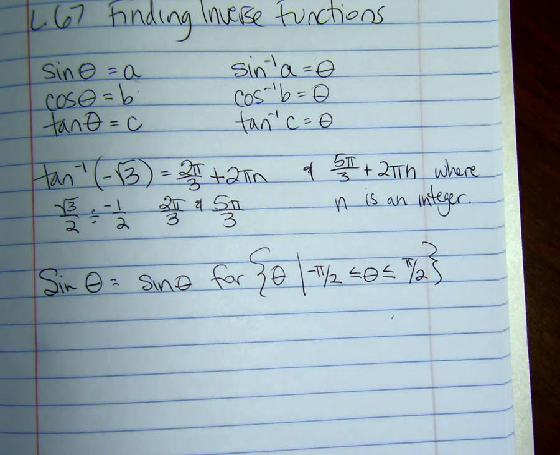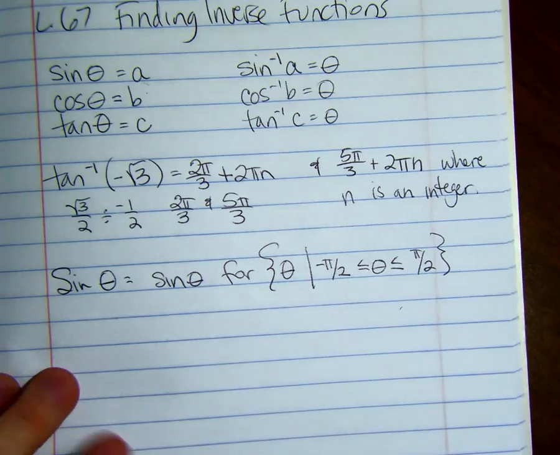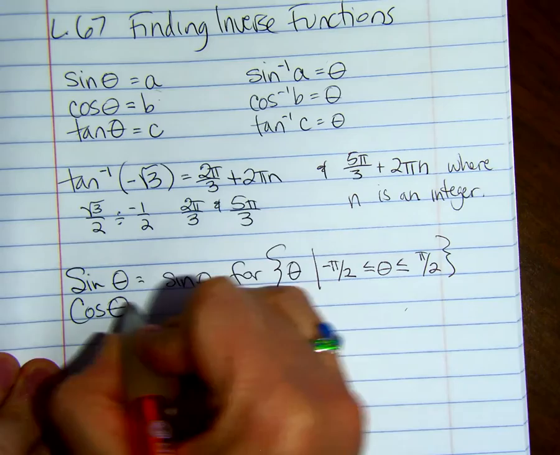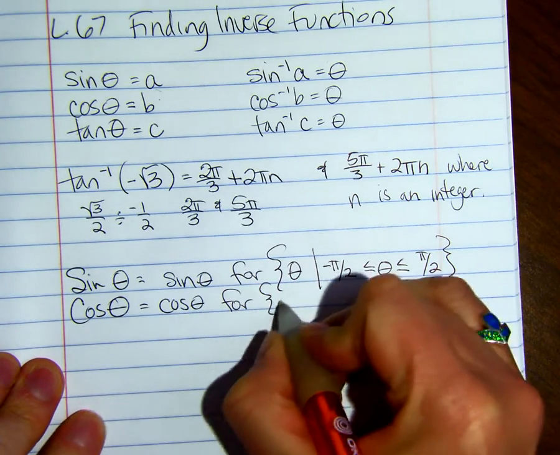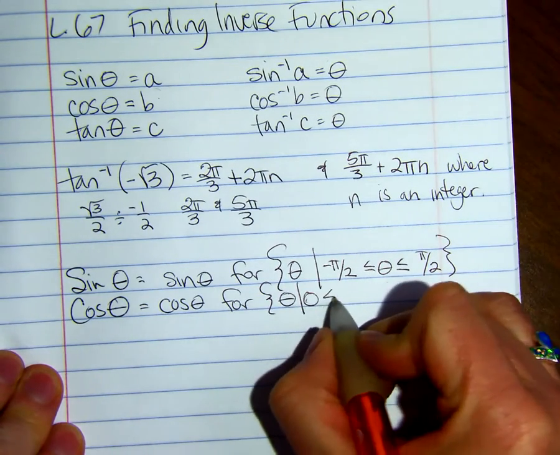The capital cosine of theta is equal to cosine of theta for theta between 0 and pi.